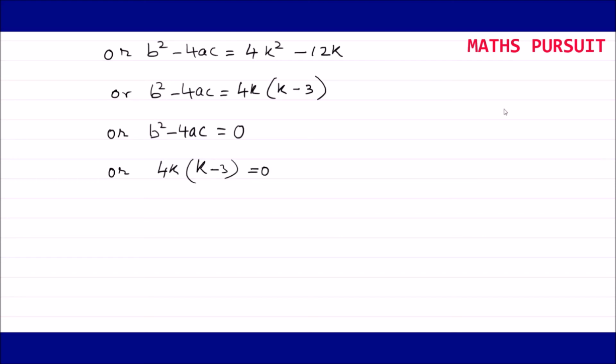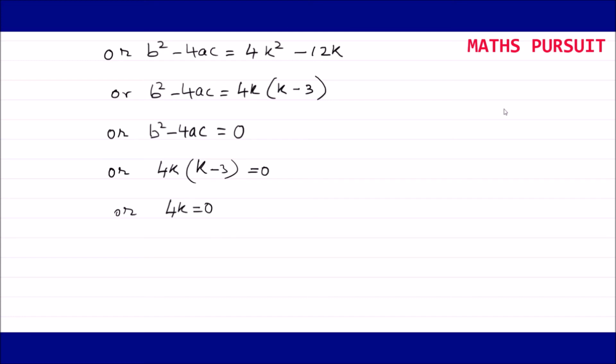Or I can say that here you could see that I got two factors, 4k and k minus 3. I can write the two values of k in this way. 4k is equal to 0.